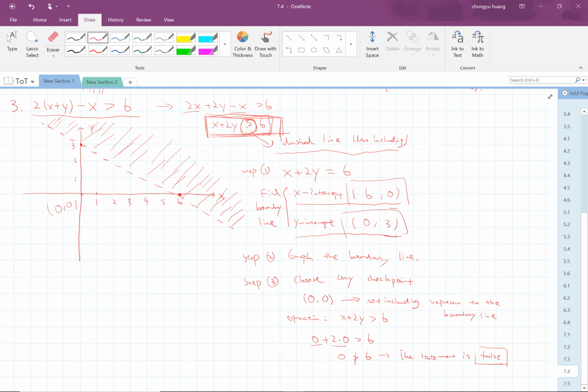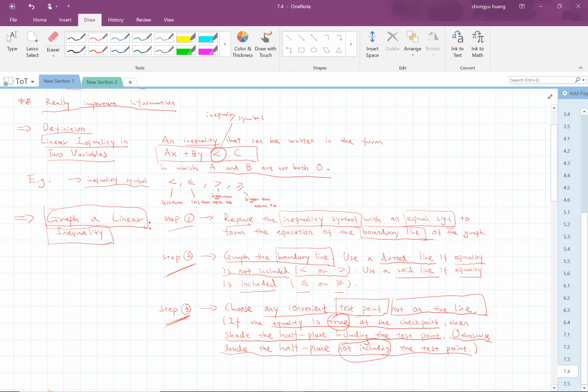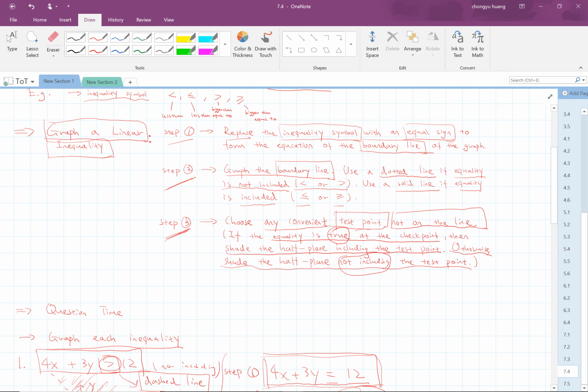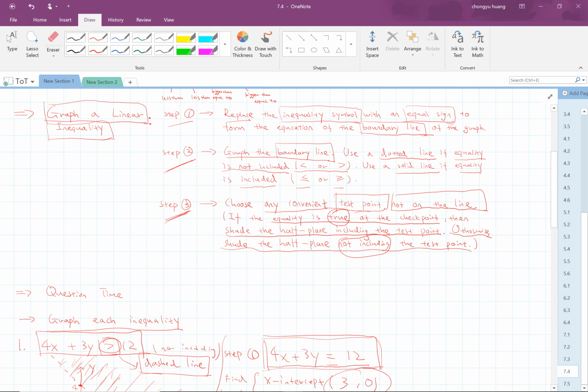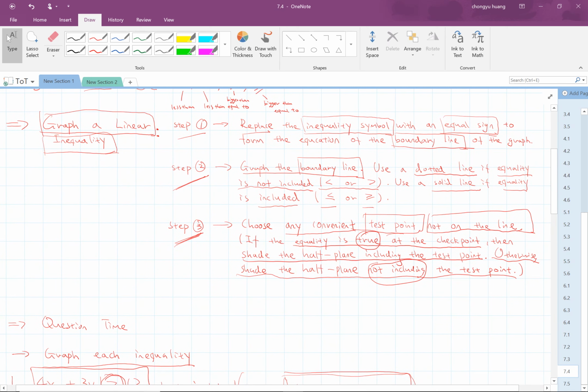Let me move up a little bit. In this section, we were talking about the definition of a linear inequality in two variables, and after that how you graph a linear inequality by applying those three steps, right?